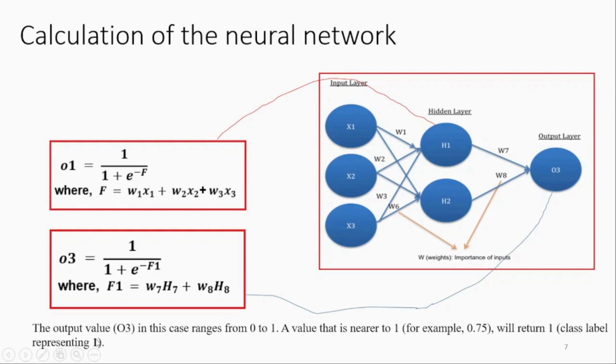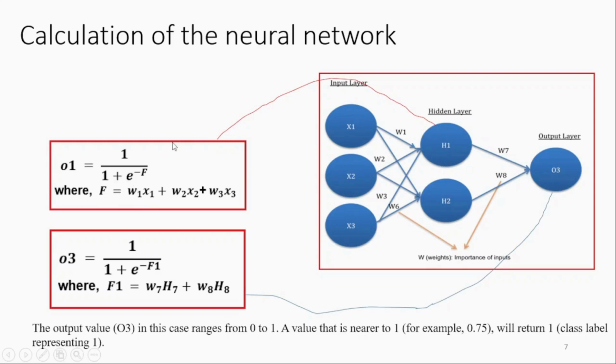So this is basically how the activation function decides whether to trigger the input or not based upon some threshold value. This is the logic behind activation functions.